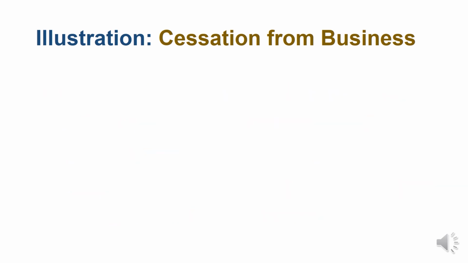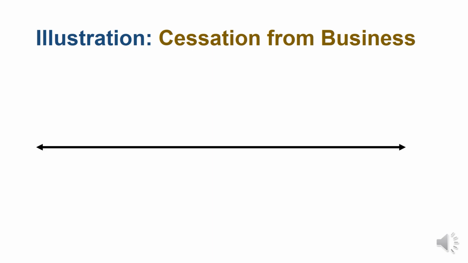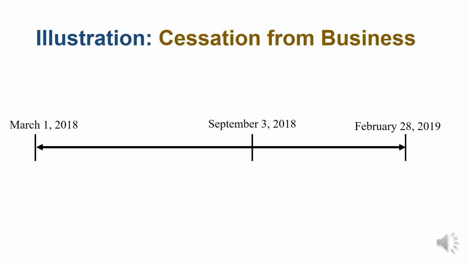So now let's look at the timeline. So the taxpayer is using fiscal year, beginning March 1, 2018 and ending February 28, 2019. Okay? So it is qualified for using fiscal year because it is a non-individual taxpayer. So it decided to stop doing business on September 3, 2018.